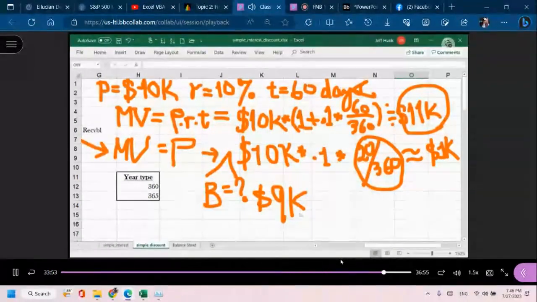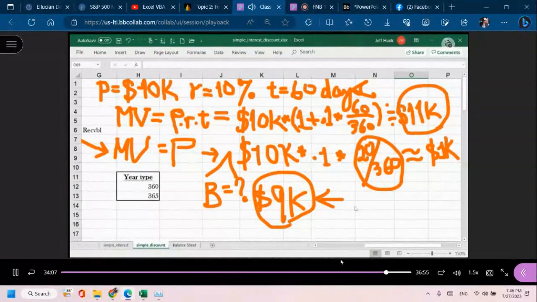So the idea is the bank discount. This is called the bank discount. What you receive from the bank is called proceeds, and the symbol for that is D. This is the discounted amount from the maturity value, the discounted amount that you receive.